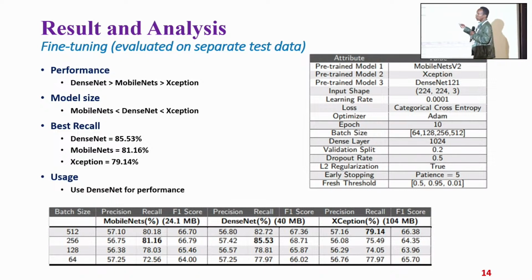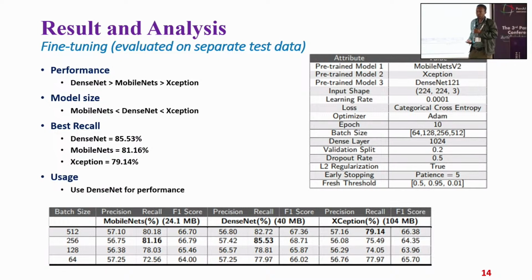This is regarding performance. Later slides will show you the size and response time. As you can see, for MobileNet, we have experimented with different batch sizes, and MobileNet scores 81.16 recall, DenseNet 85.53, and Xception 79.14.